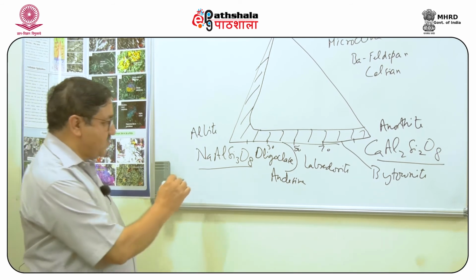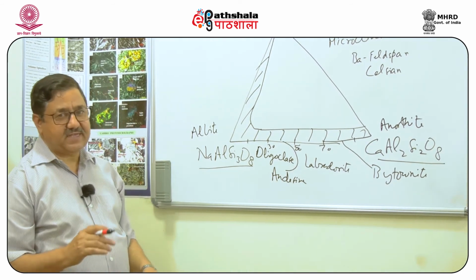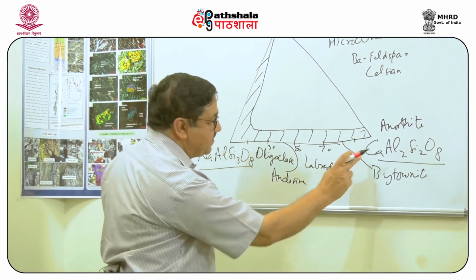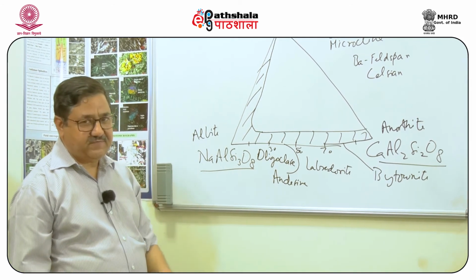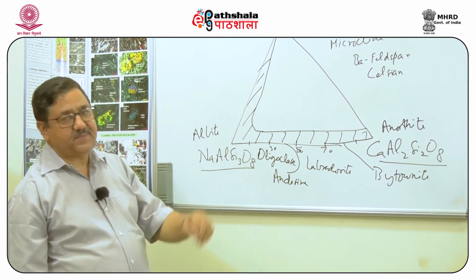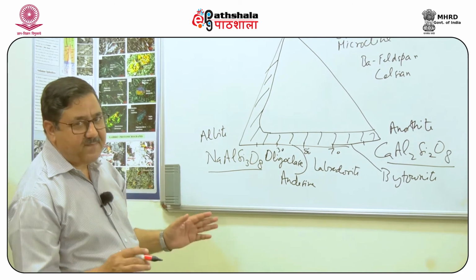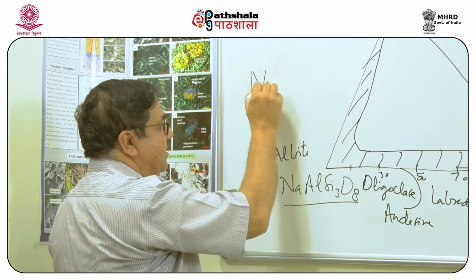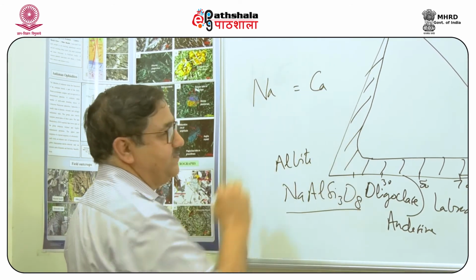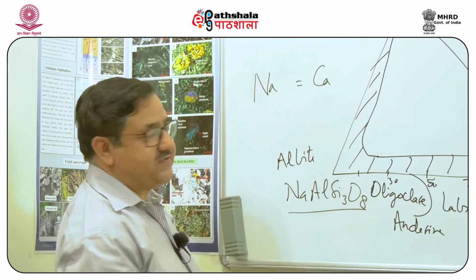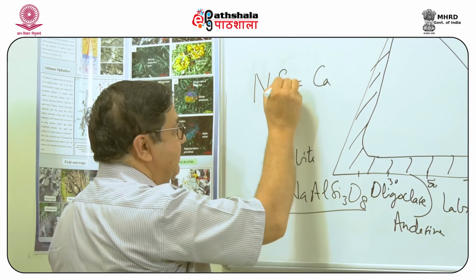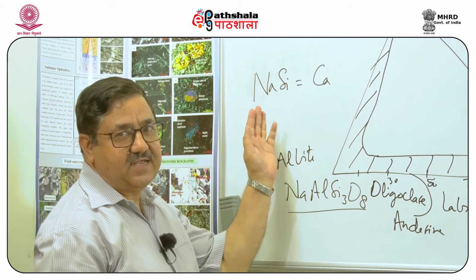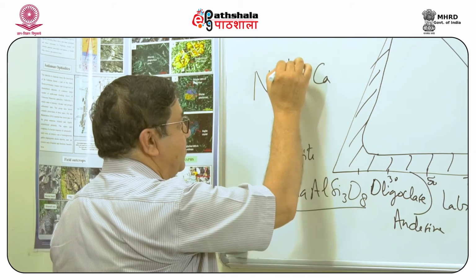Why this is so is because sodium has a single positive charge, whereas calcium has two positive charges. So, therefore, when this substitution takes place, there is a coupled substitution of this nature, that is, sodium replaced by calcium, since there is one positive charge. So, here we have silicon on this side which has 4 positive charge.